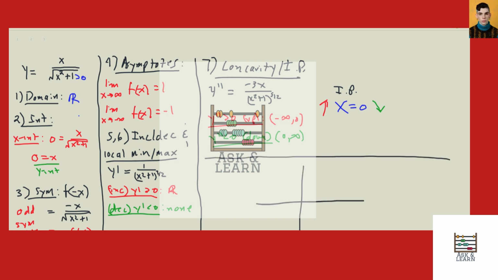All right, so we know our intercept was at 0, 0. And we know we have asymptotes at y is equal to 1 and y is equal to negative 1.